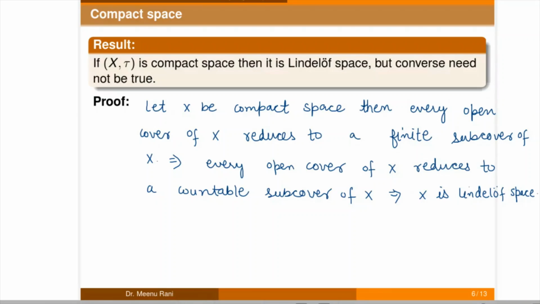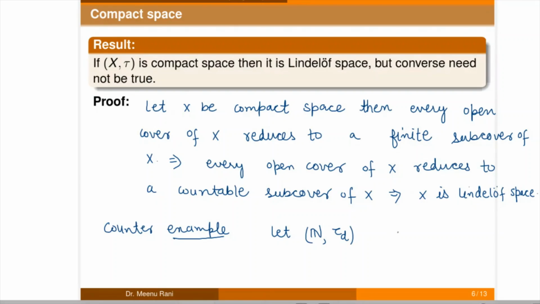But the converse of this result is not true. It means a Lindelöf space need not be a compact space. We can prove this by taking one example, so let us take a counterexample. Let us take the set of natural numbers, and we define the discrete topology on this. We know that in the discrete topology, singletons are open.